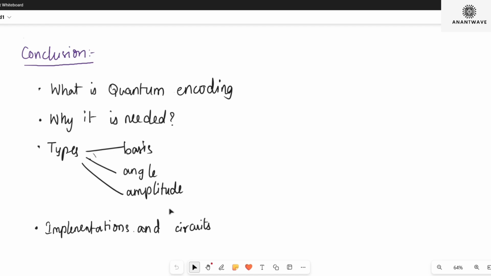Basis encoding is nothing but representing the classical data in form of quantum states directly, mapping the classical data directly to quantum state. Angle encoding is nothing but applying an angle theta of rotation on data. Amplitude encoding is nothing but representing the data as an amplitude of basis states. So, if we have 2 power of n data, we'll need n qubits. And we have also seen implementation and circuits for the techniques discussed.